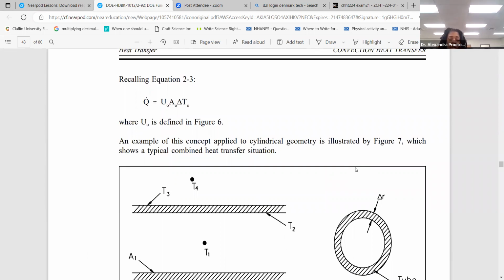So recalling equation 2.3, Q is equal to U A delta T, where U is defined in Figure 6.